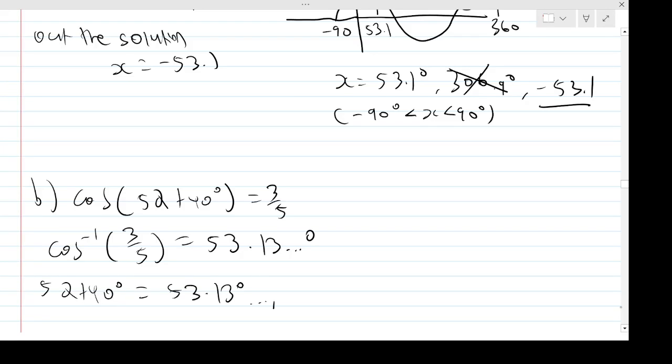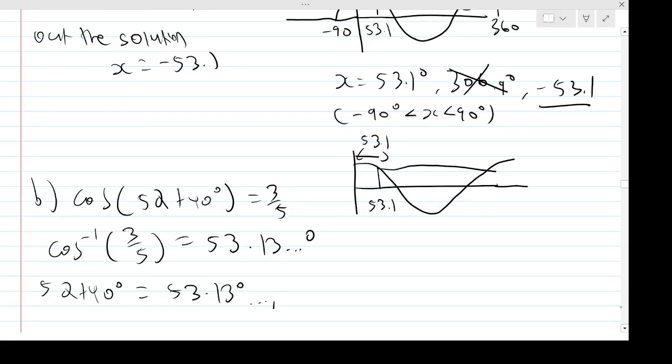But then to get the next solution, again, we can consider the cos graph. Okay, so 53 would be about there, right? 53.1. So then the other solution, again, the same ideas that we just looked at. The gap at one end of the curve and the solution here is 53.1. That's the same gap between the next solution and the other end of the curve at 360.